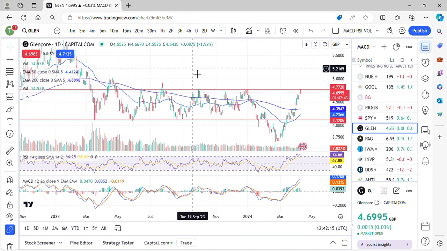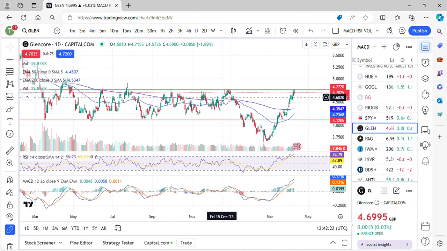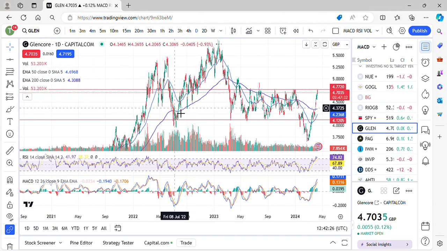Another thing to be mindful of is you're interested in the most recent levels, which levels the price is respecting most recently. This is a good example on this one. You can see that most recently the price has been trending in between these two levels.